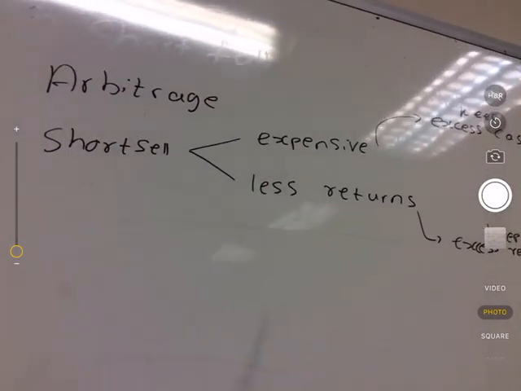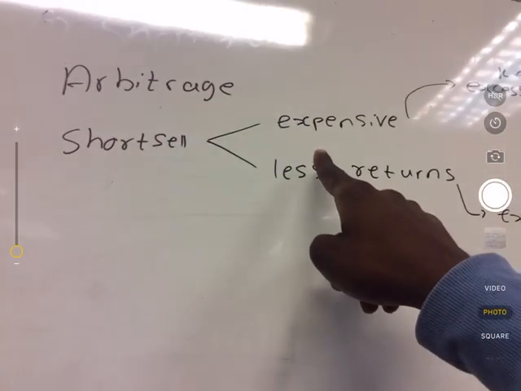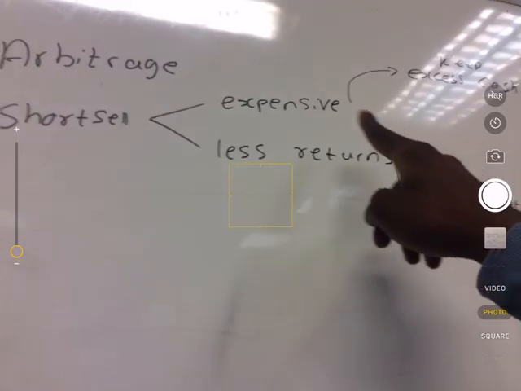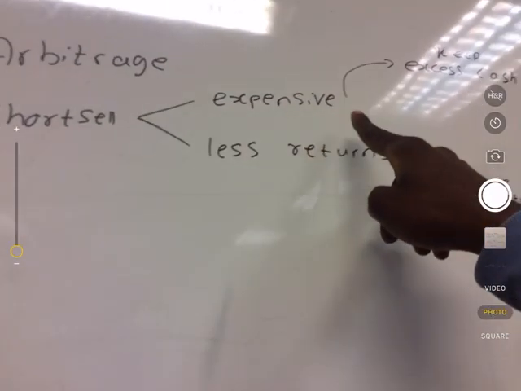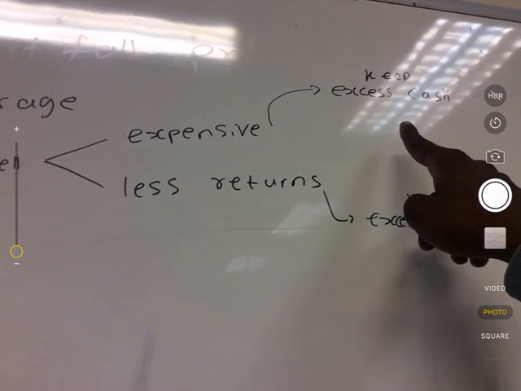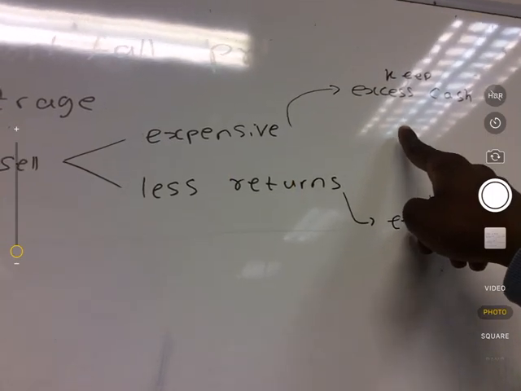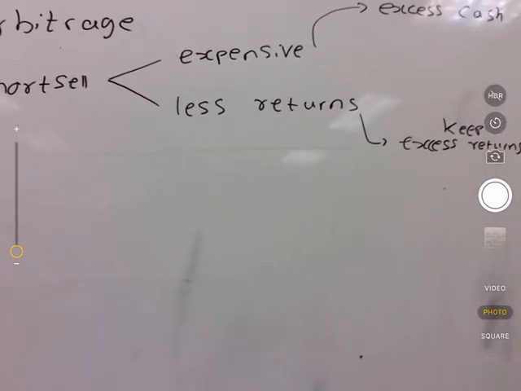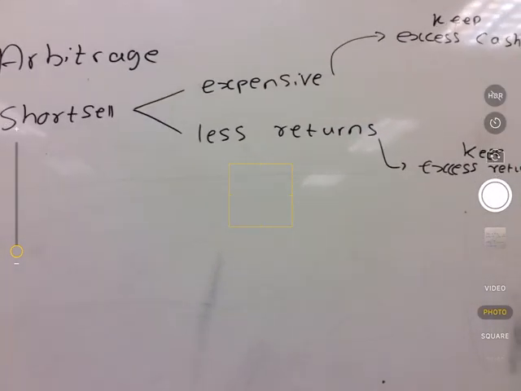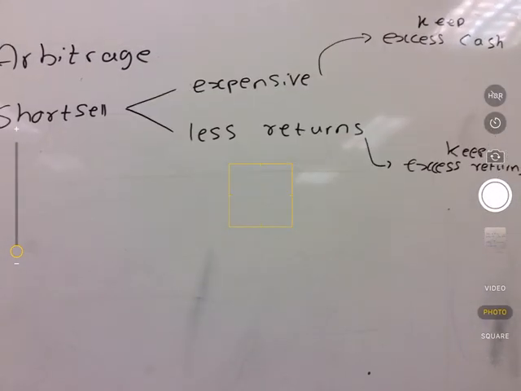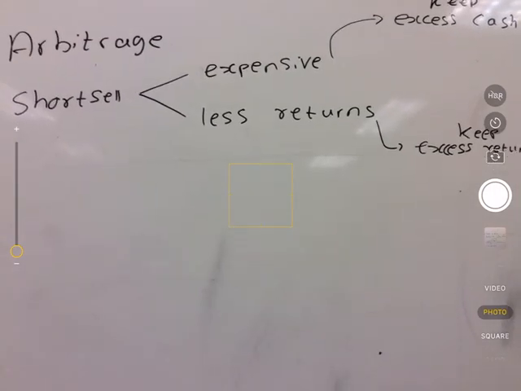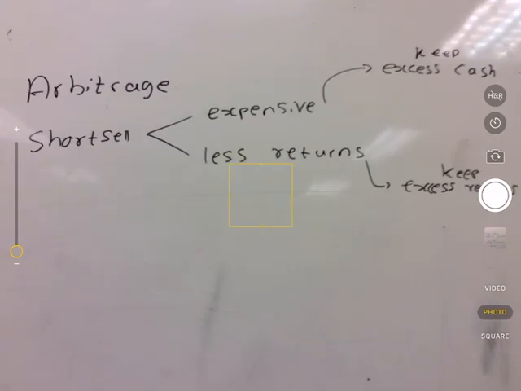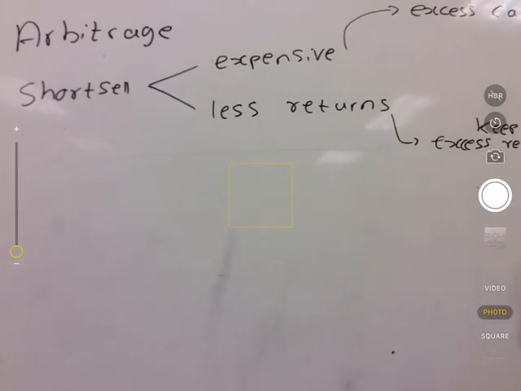If an asset is expensive, it means that you would short sell that asset, because you would keep the excess cash with you. If a person sells an asset for 5 rand, while the market sells the asset for 4 rand, you can ask the person who sells the asset for 5 rand to lend you the asset.